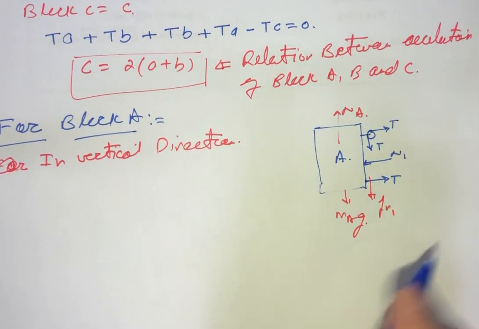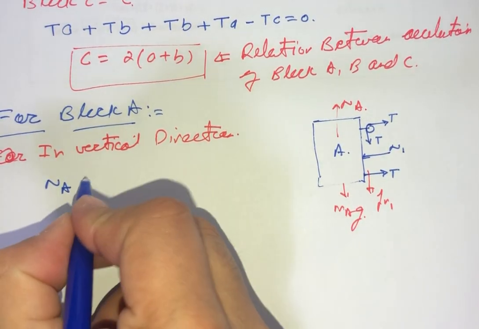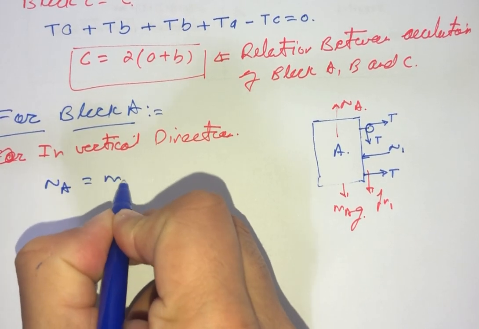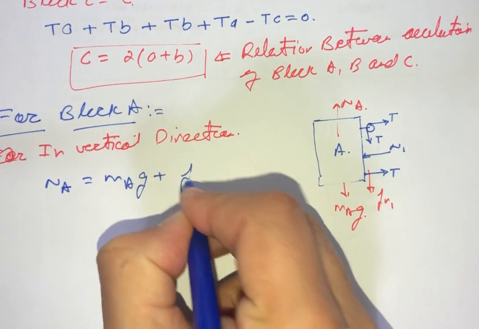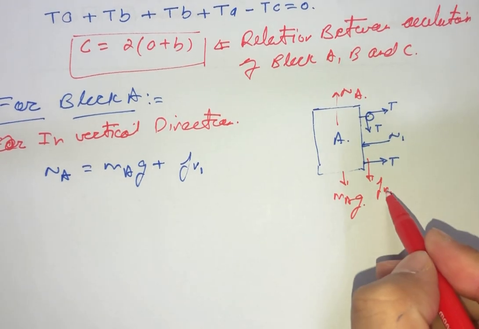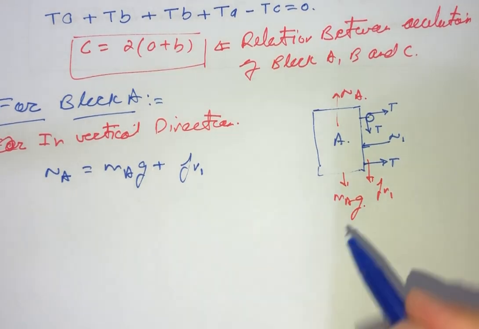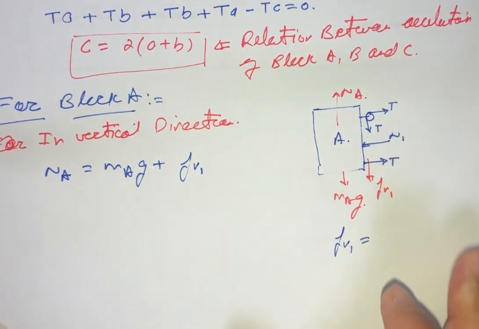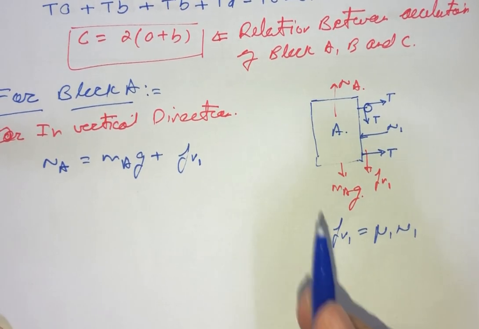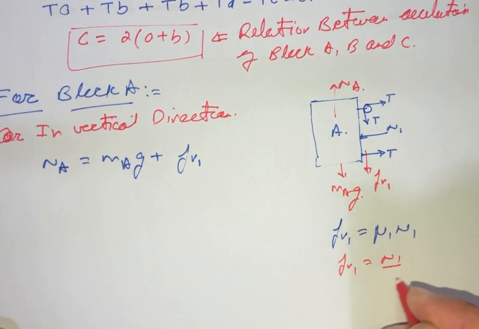In the vertical direction, NA will be equal to MAG plus FR1, and the value of FR1 will be equal to mu1 into N1. Mu1 is 1/3, so FR1 will be equal to N1 by 3.